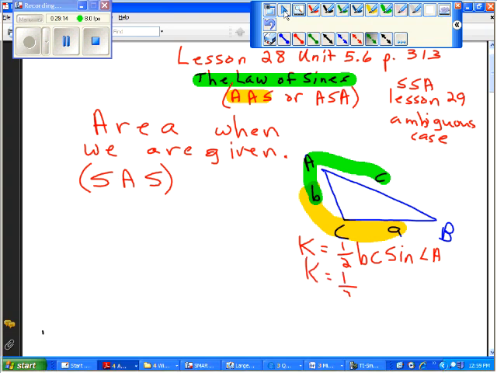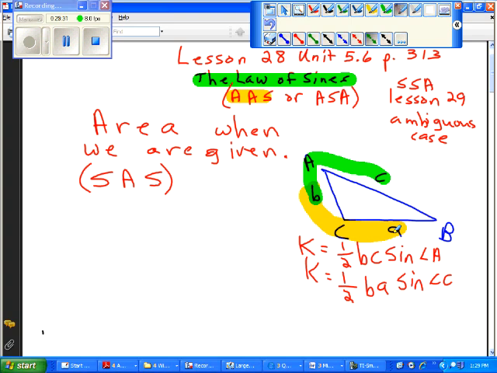Area is equal to 1/2 the product of the sides times the sine of the angle. 1/2 BA sine C. Or what if I were given this side, this angle, and this side? It's still going to be the same. You see how you can't just memorize 1/2 BC sine A? It's side angle side. 1/2 the product of the sides, sine of the angle.